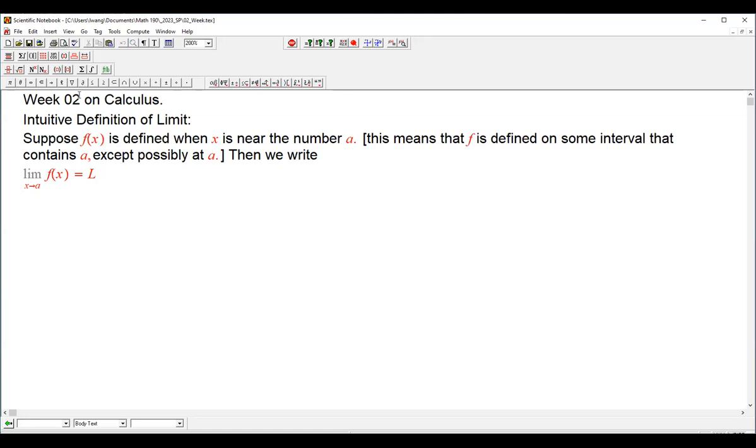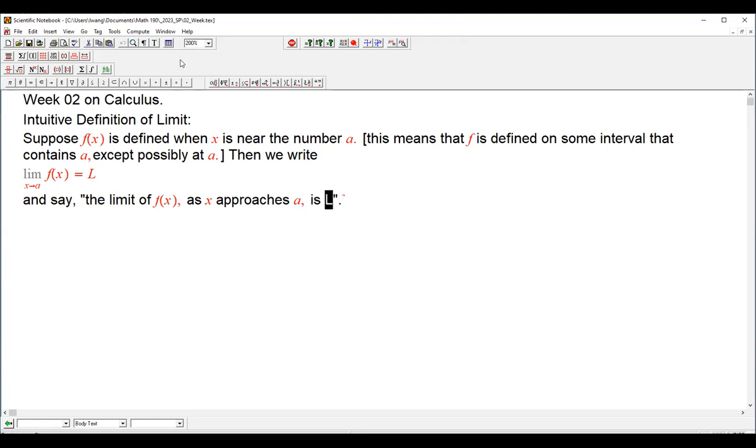The way we read it is to say, the limit of f of x as x approaches a is L. That's how we can read it.